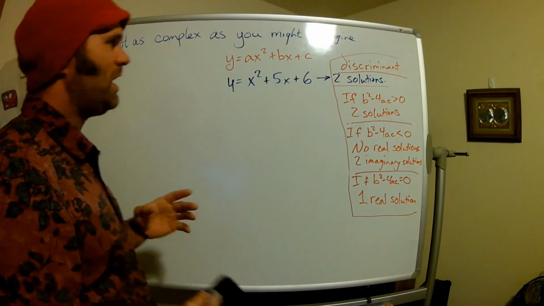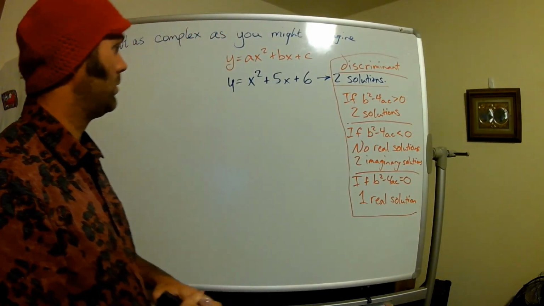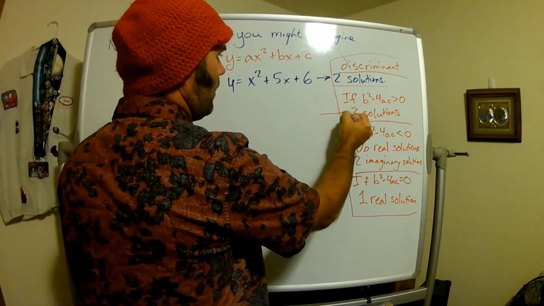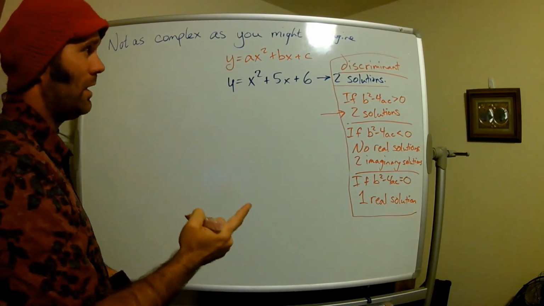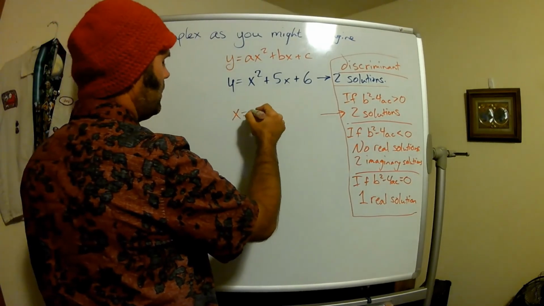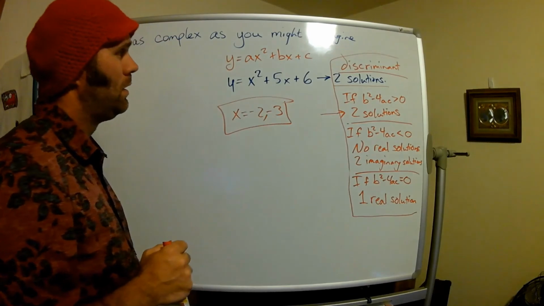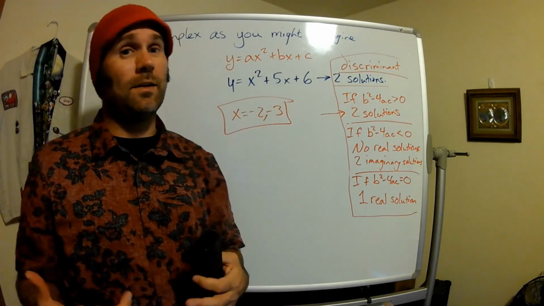So remember, in each of the problems, there's 3 things that you're asked to do. Number 1, figure out how many solutions there are. The second thing is to figure out the solutions. And the third thing is to find out what the discriminant is. Okay?